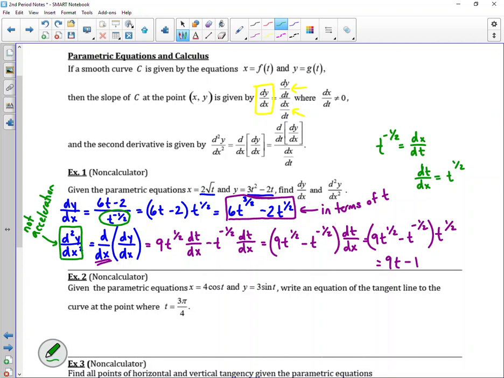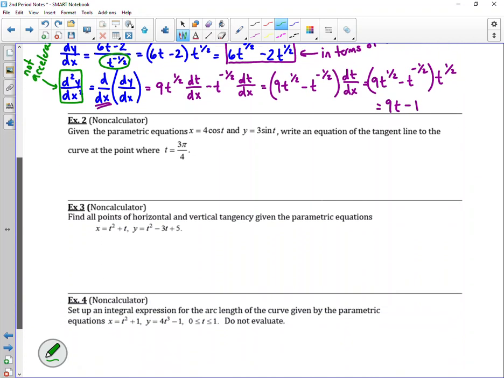Okay, so if it asks you for acceleration, don't use d squared y over dx squared.